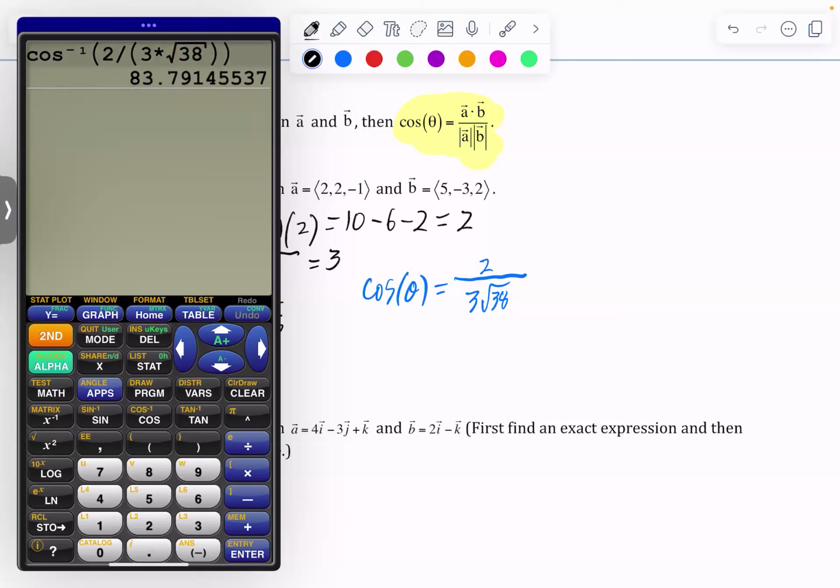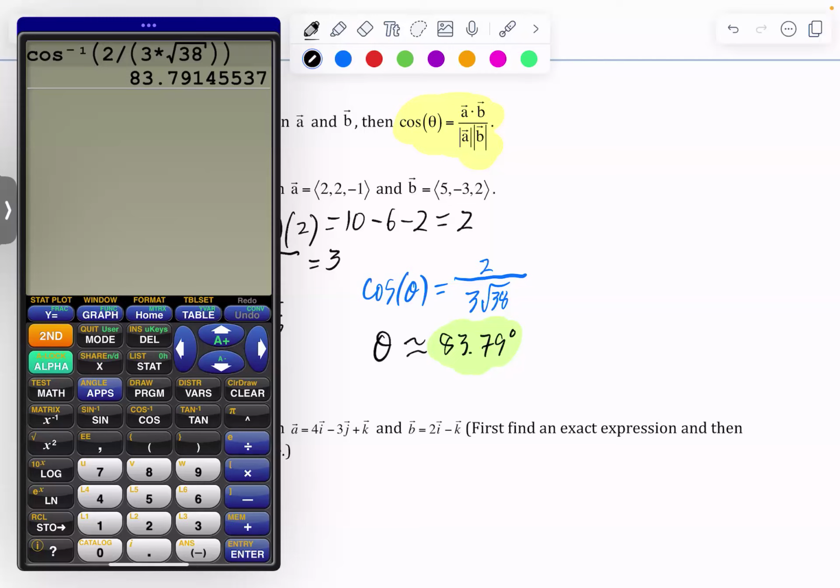And that gives us 83.79, so this means theta is about 83.79 degrees. Now, you'll need to ask your teacher if they want it in degrees or radians, especially if it doesn't say. If they wanted it in radians, then I'd have to go back and switch back to radians.